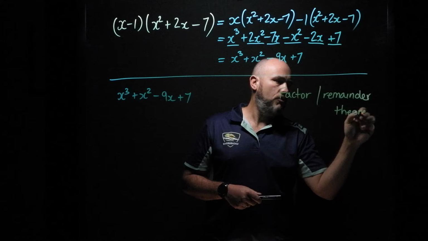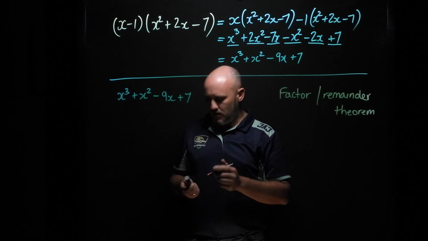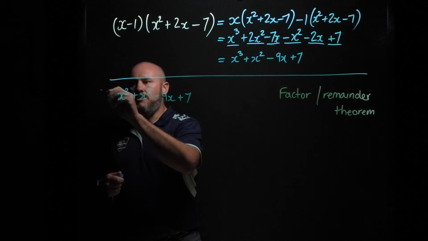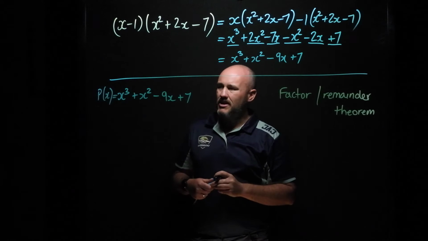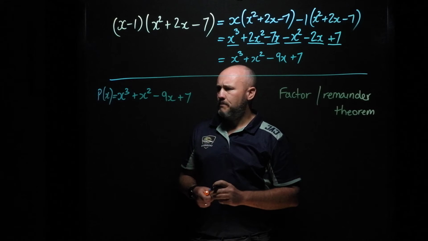And I will probably be working mostly with the factor theorem here. I'm going to bring them both to your attention. So this is my polynomial. And because it's a polynomial and I'm doing a bit of maths, I'm going to give it a name. And because I'm boring, I'm going to call it P of x. So P of x is a polynomial in x, and it's a cubic here. Okay?